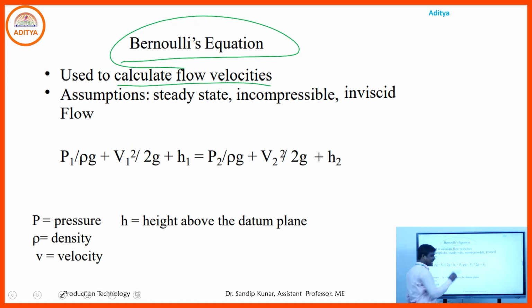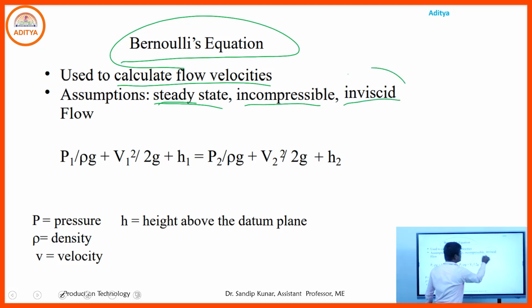As per the assumptions in Bernoulli's equation, the flow will be steady state, meaning the flow characteristics do not change with time. Incompressible means the density will be constant for that liquid. Inviscid means the fluid has no viscosity.